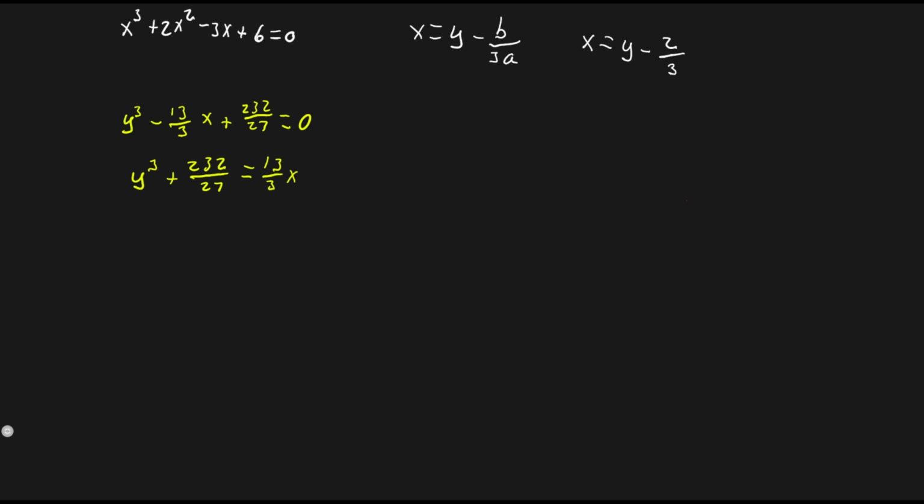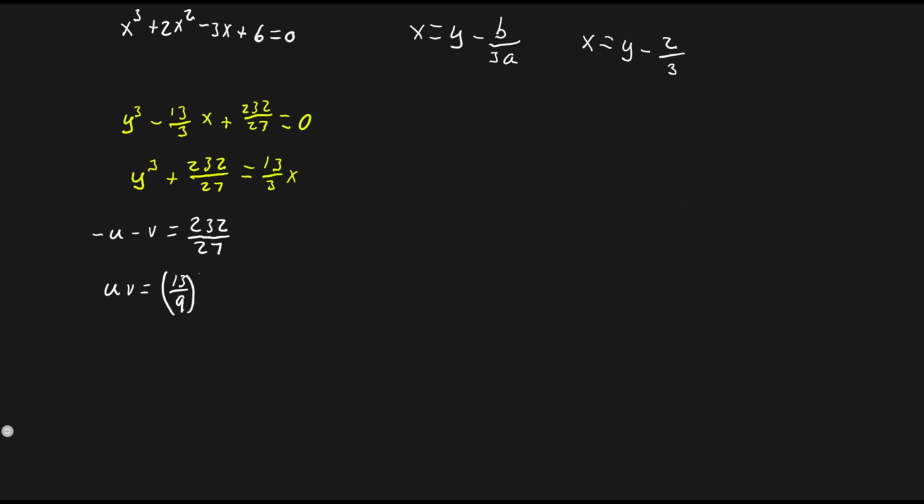So we will do the same process we did last time. So negative u minus v is equal to 232 over 27. And u times v is equal to 13 over 3 all over 3, which is times 9, or 3 times 3, which is 9.